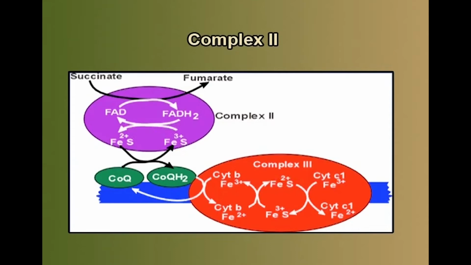The electrons are then passed to ubiquinone or CoQ, coenzyme Q, and are passed on to complex 3 through a number of iron sulfur proteins. Again in complex 3, they are passed on to cytochrome C, which is a small mobile protein.